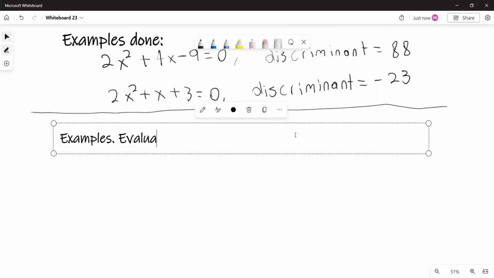We are going to evaluate the discriminant and determine whether the equation has rational, irrational, or complex solutions.